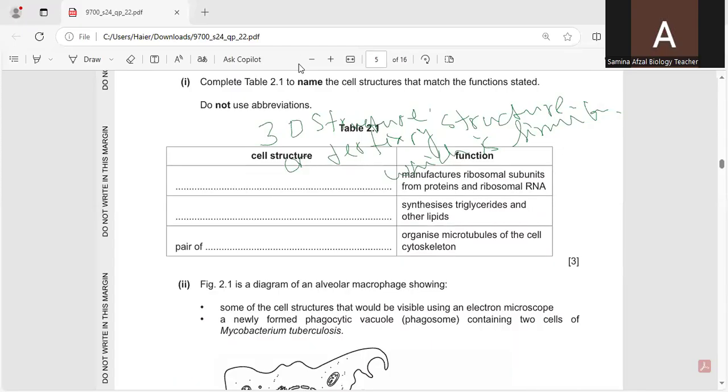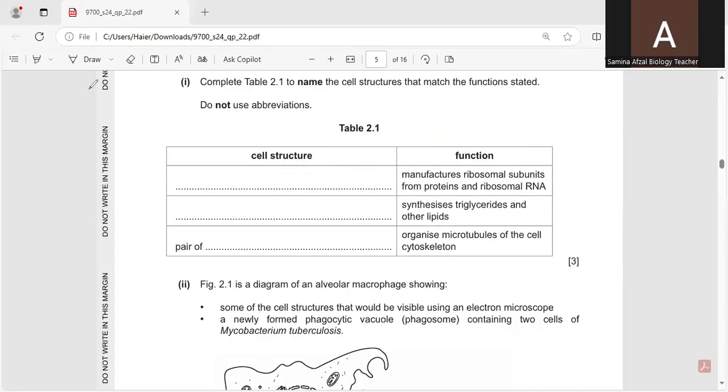Next question is, compare with table 2.1 to name the cell structures that match the function stated. Do not use abbreviations. First, manufactures ribosomal subunits from proteins and ribosomal RNA.